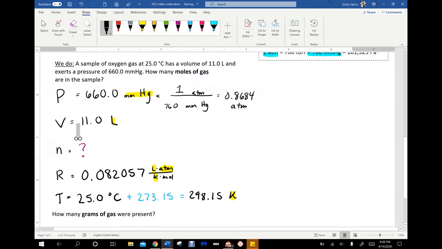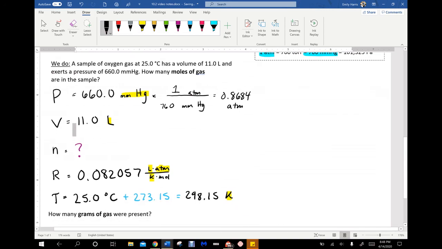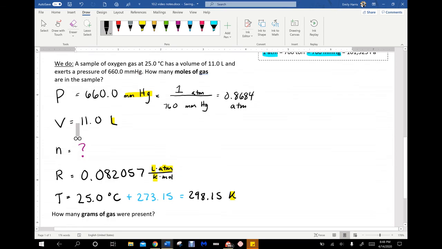So now that we've gotten all of our units in the correct place, we're ready to plug in to the ideal gas equation, PV equals nRT, and this time we'll be solving for n, which is the amount in moles.